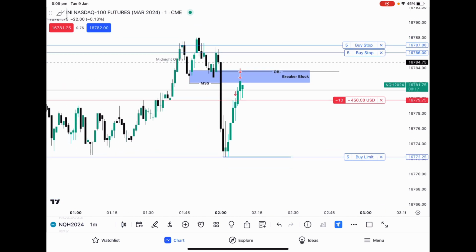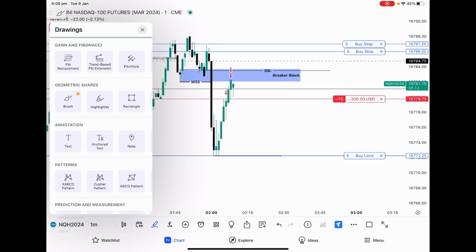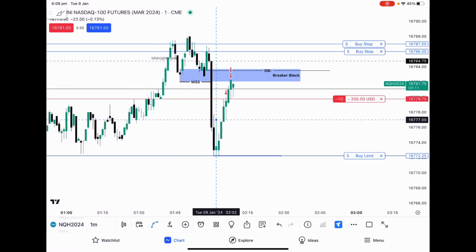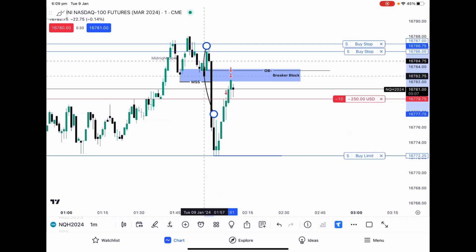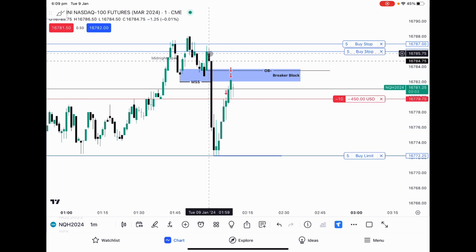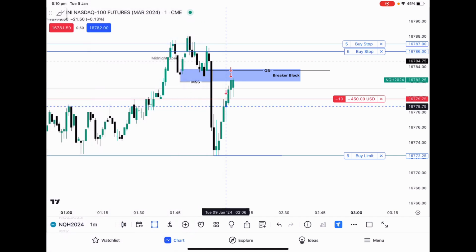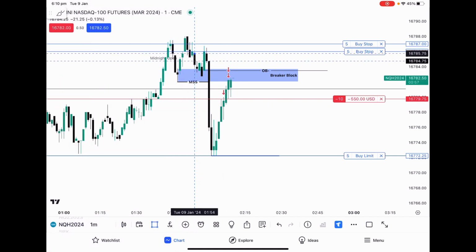Also, the way I view this, so this high here, let me just get it up for you too. This high, if I just draw like an arch, you could call it, or an arc. This high here, I class as a failure swing. So what I'm going to mark out here, might draw like a rectangle, and then I'll shift it over.